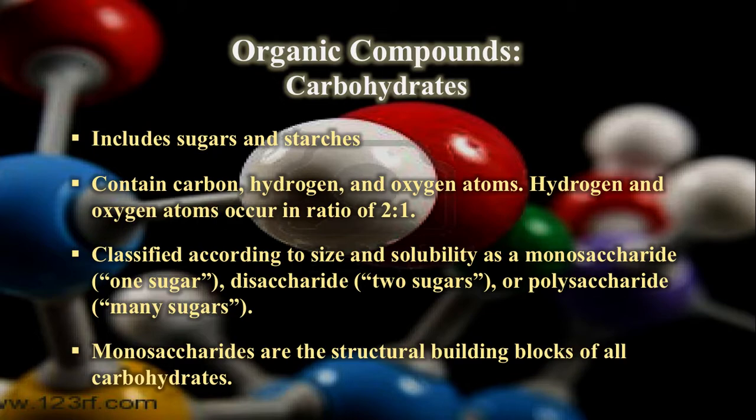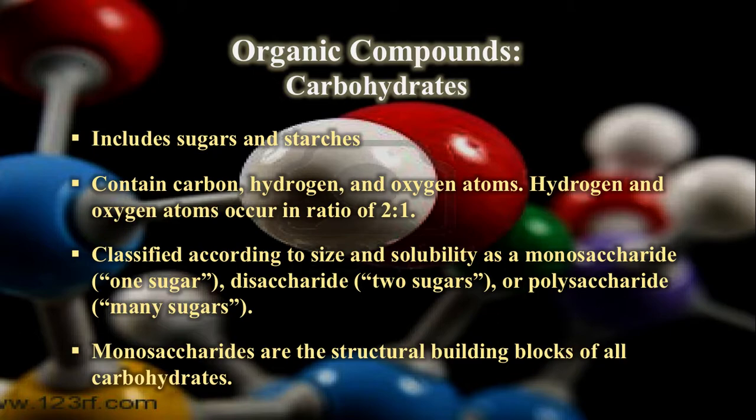Now that we know that, let's see if we can put it in our chart. First, let's figure out what the monomers are, the individual building blocks. From what we talked about on the slide, what are the monomers of carbohydrates? Monosaccharides.